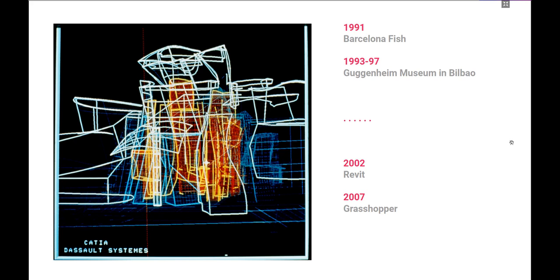In the early 1990s, Frank Gehry was at the helm of the designs of the Barcelona Fish and the Guggenheim Museum in Bilbao. And as you must know, at that time, the predominant tools used by architects were not capable enough to handle complex geometries. Even if one could model complex geometries, forget about rationalizing them and then automating drawing production, which is one of the key tenets of parametric design tools, right?